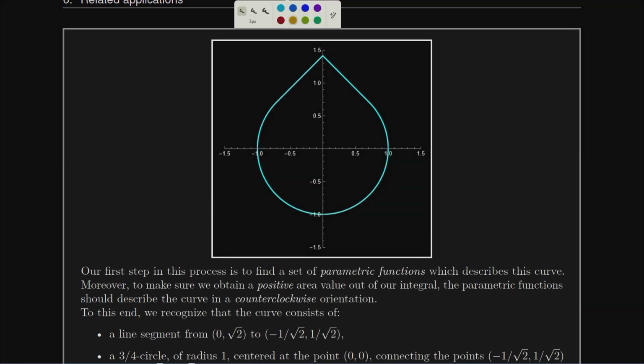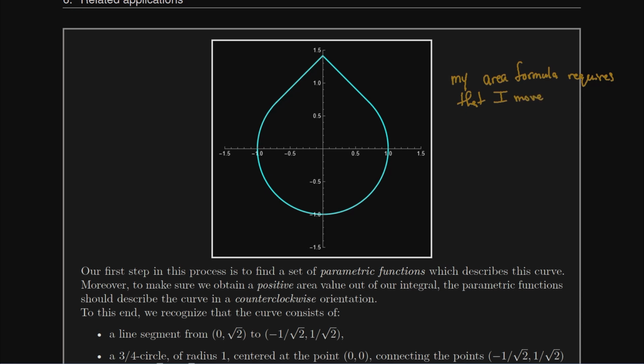And because my area formula requires that I move once around counterclockwise, you can choose to start and end wherever you want. I'm going to choose to start and end up here. And if I'm going counterclockwise, I have to go down in this direction first.